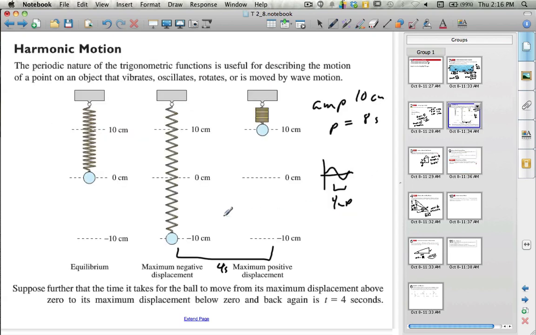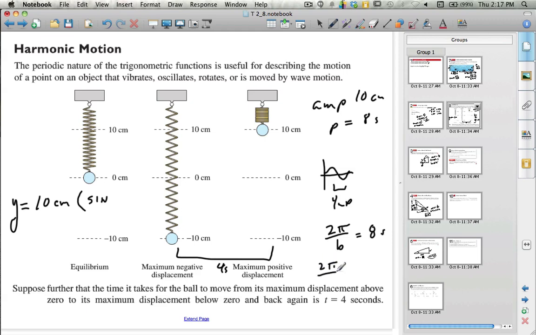Okay, so let me go ahead and do that. Remember, this would be y is equal to the amplitude, 10 centimeters, times, we'll say sine, because it starts at 0, right, of, right, I know that 2 pi divided by b is equal to 8 seconds.